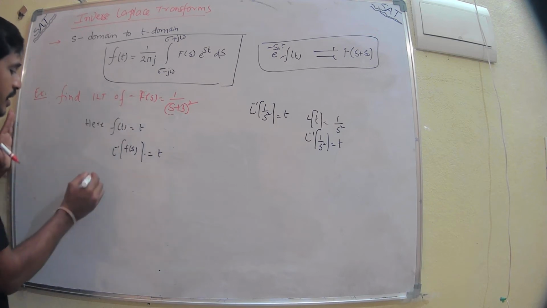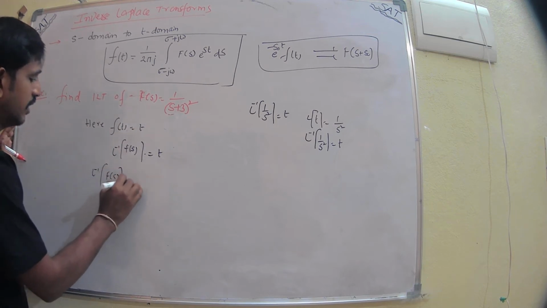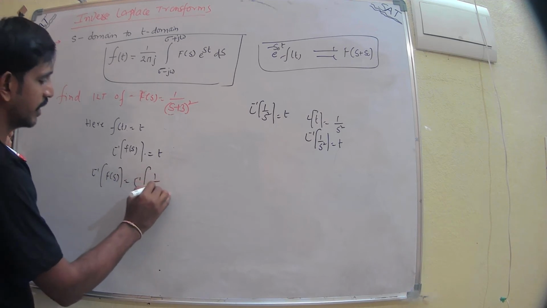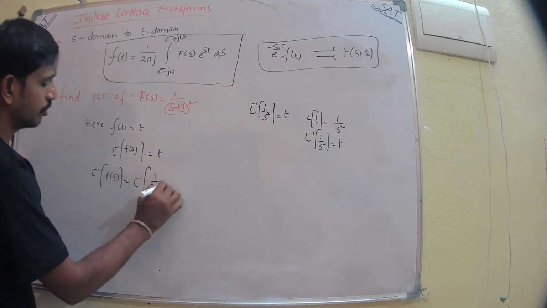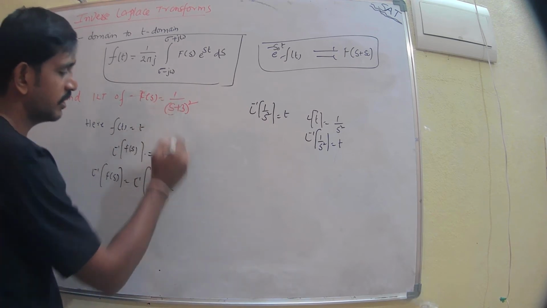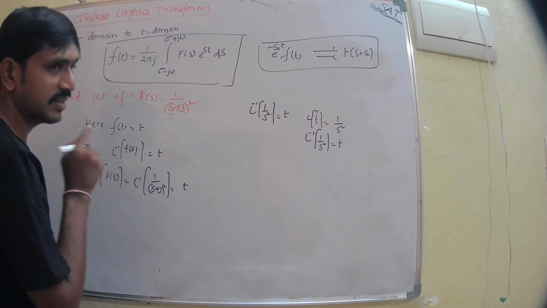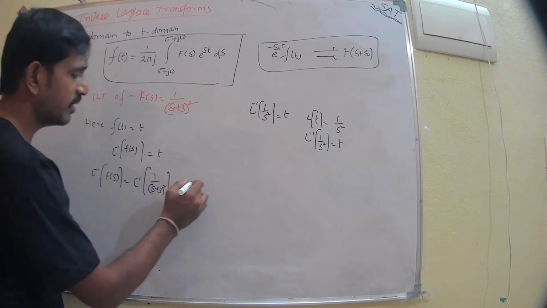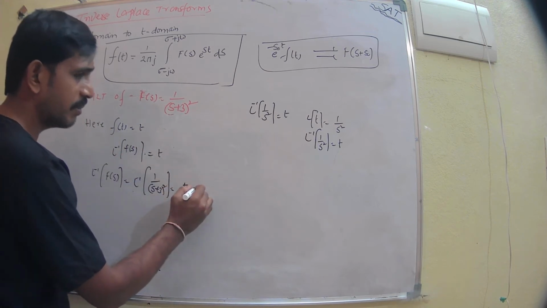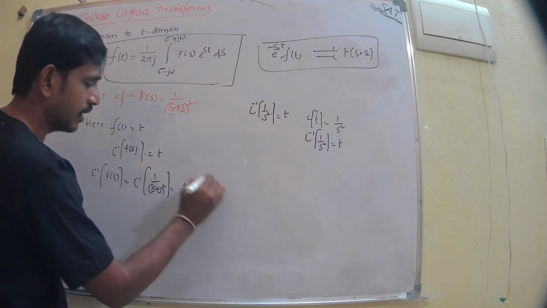Here, the inverse Laplace transform of 1 by (s plus 3) whole square: the inverse Laplace transform of 1 by s square is small t, and it is a frequency shifting by the factor of 3, so we multiply by the factor e power minus 3t.